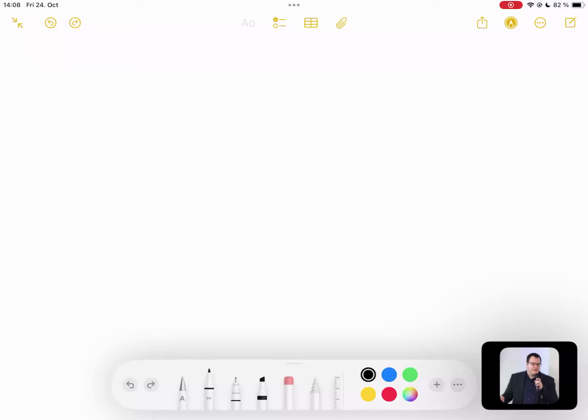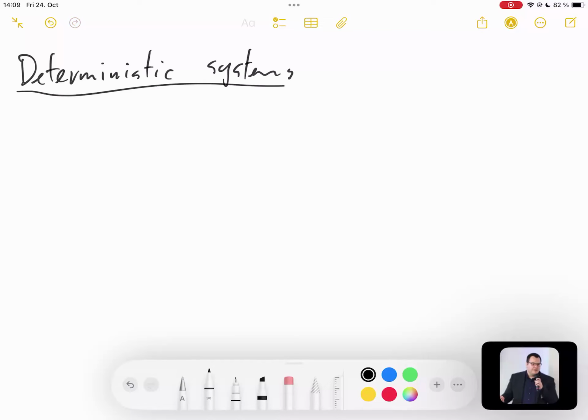The concepts that are in the slides, I'll develop them with you now step by step. So we are looking into deterministic systems. This deterministic system we will describe as a graph, but we will also be able later to describe the transitions as a matrix.